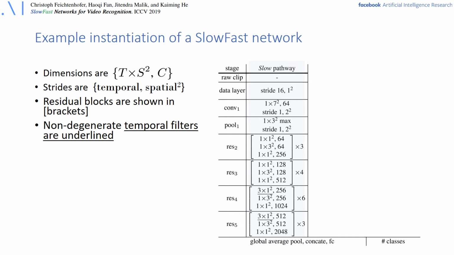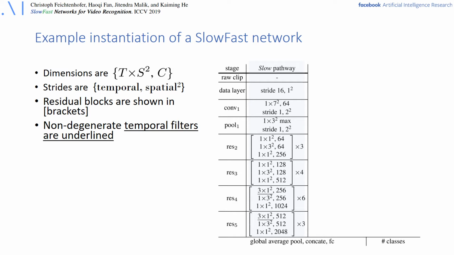So what we can observe here is that the input to the network is subsampled with a stride of 16 in the time dimension. So we take a low temporal sample rate that subsamples the raw clip.